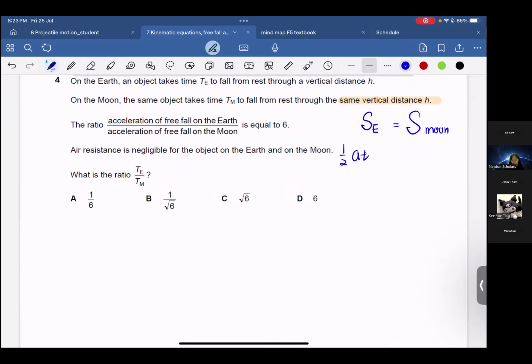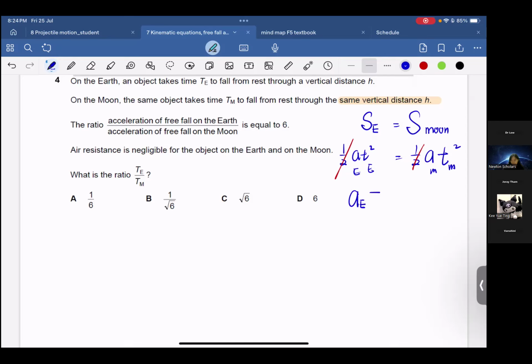1/2 AT squared, but this one T is for the Earth. This one, 1/2 AT squared, is for the moon. Okay, the 1/2 and 1/2 we can cancel, no need to consider. So this one is the acceleration for the Earth.